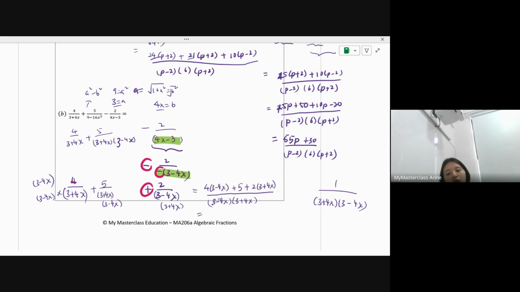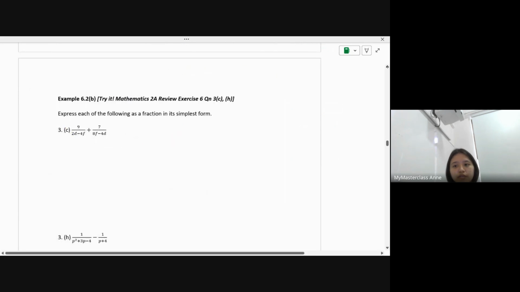Then we just do the expansion. You basically just open up the brackets. So 12 minus 16x plus 5 plus 6 plus 8x, divided by (3 minus 4x)(3 plus 4x). So what do we have?